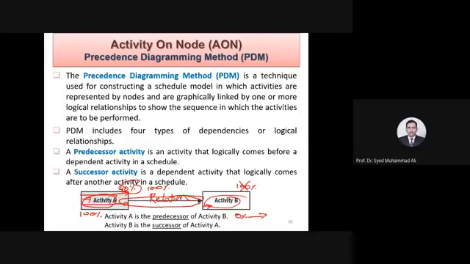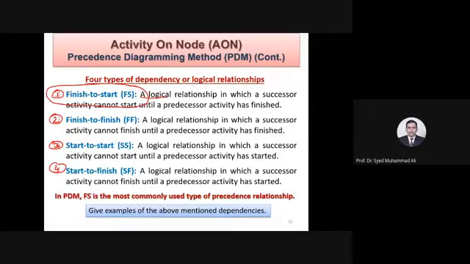You must start A in order to start B. But the moment A starts, you can start activity B. If the excavation has not started, let's not start the procurement of materials. For example, you have forced this relationship.